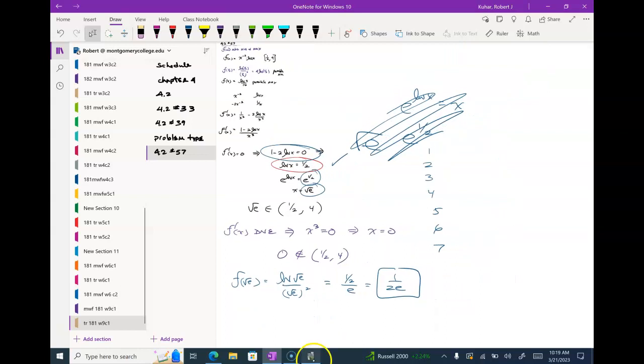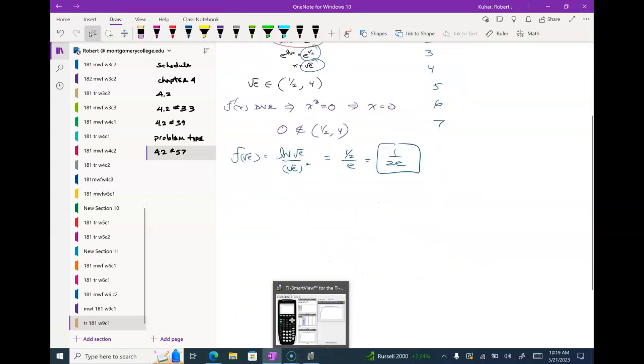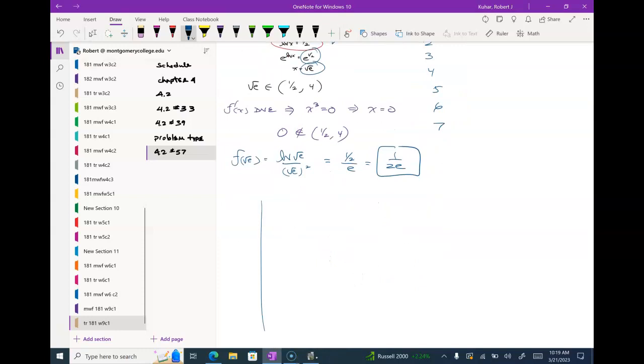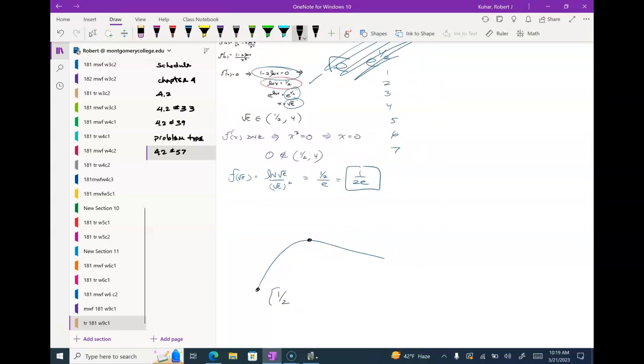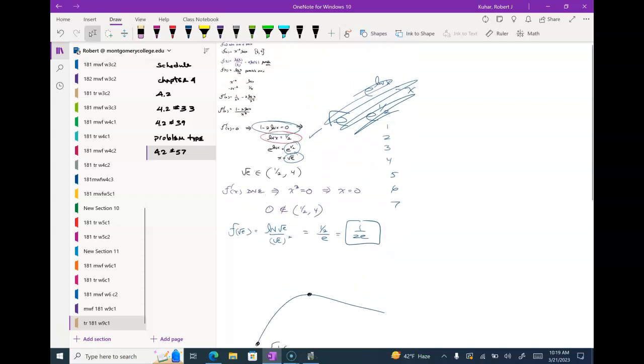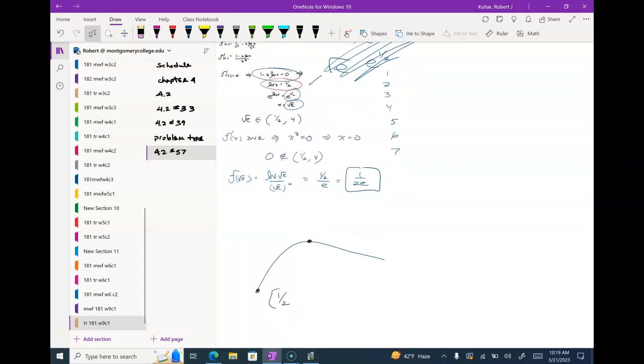Well, let's take a look. We already see our curve. Our curve's doing something like this. And so here we got 1/2 comma 4 ln of a half. That's our min value.